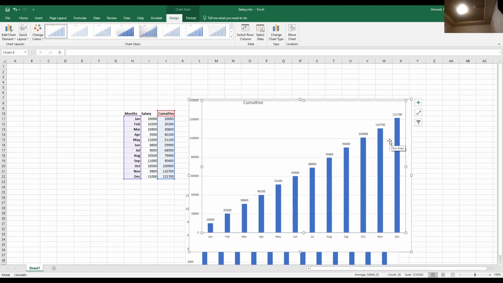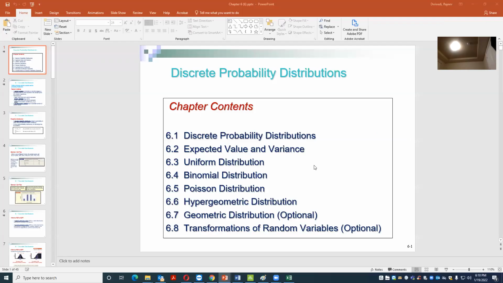If this is clear, I'm going over the slides part now. Can you see my slides? No? Okay. Just a minute. Okay. Can people mute, please? Can you see my slides now?